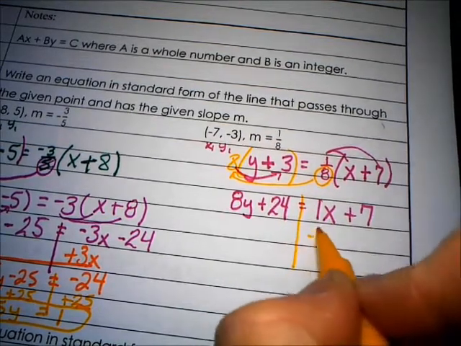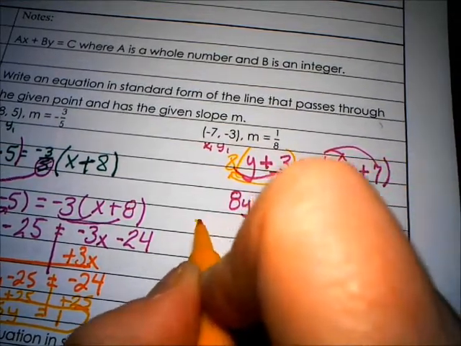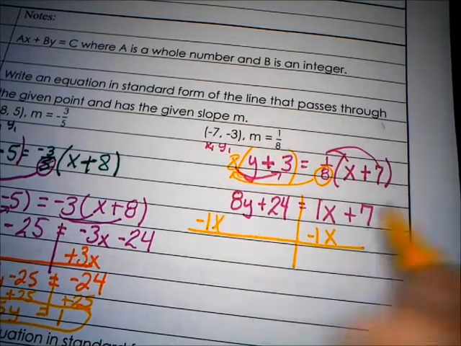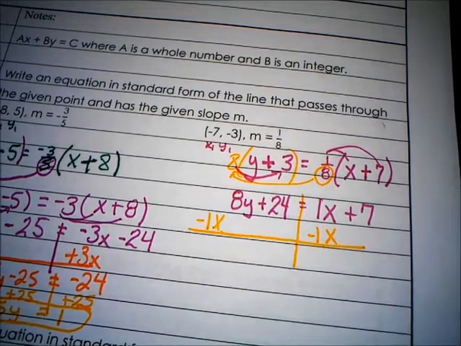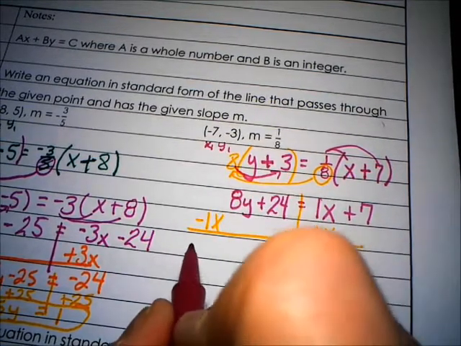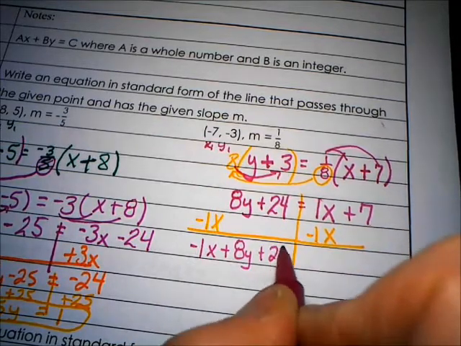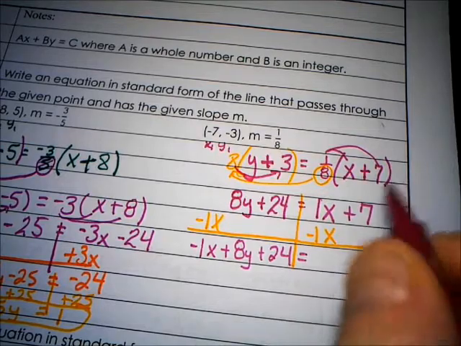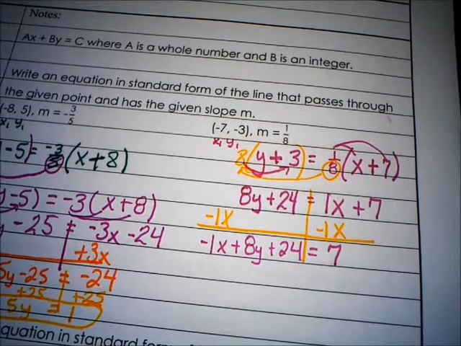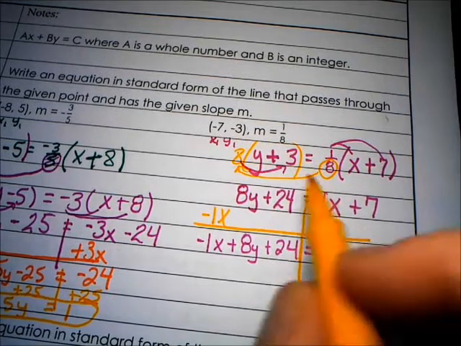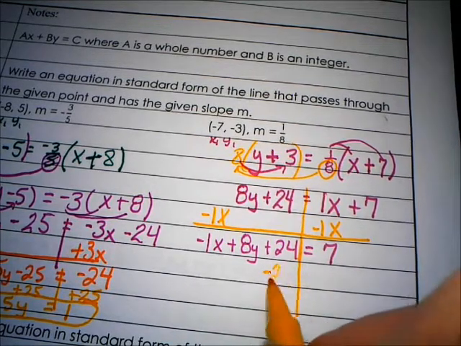I need to move the x to the left, so I'm going to subtract an x. That'll give me negative 1x plus 8y plus 24 equals 7. I'm going to move the 24 back to the other side and subtract 24.